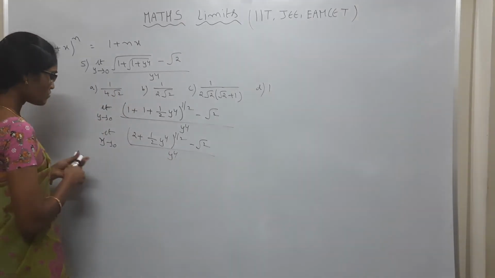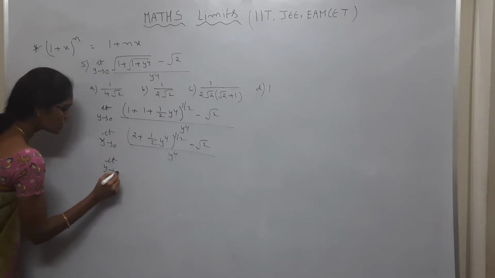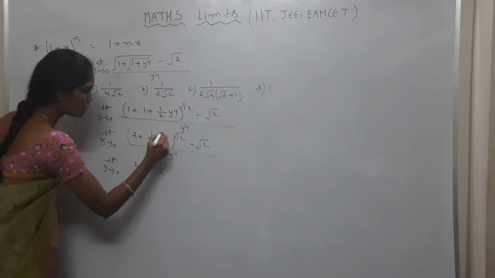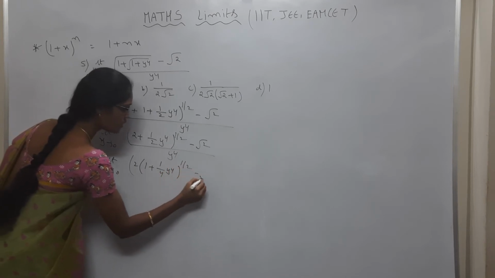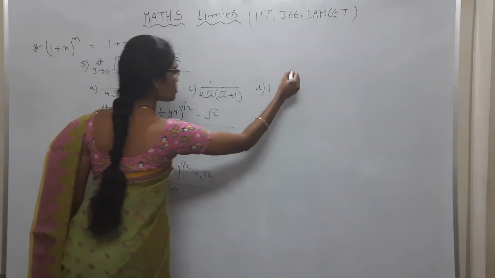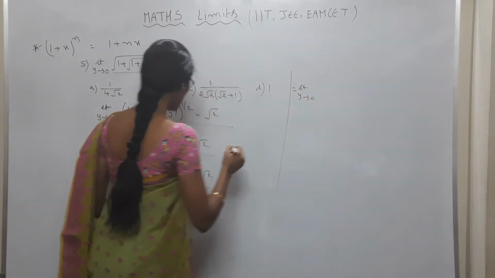Here in this bracket, 2 is taken as common. 1 plus 1 by 4 into y power 4, whole to the power of 1 by 2, minus root 2 by y power 4. Okay, that is equal to limit y tends to 0.